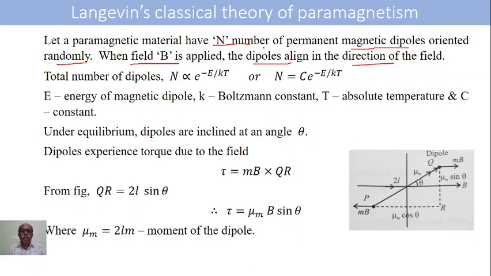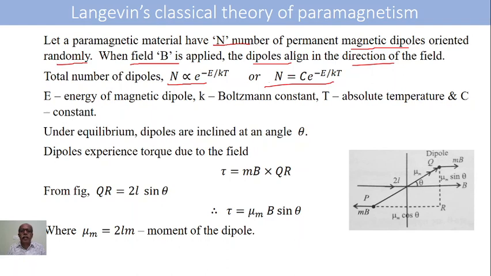We have considered n number of dipoles, so n is given by the expression n proportional to exponential of minus E by kT, or n will be equal to a constant C into exponential of minus E by kT.